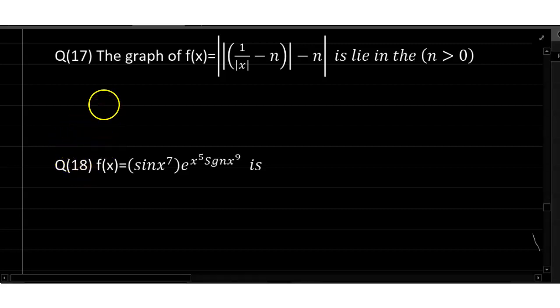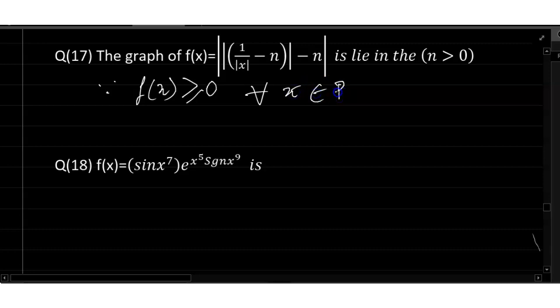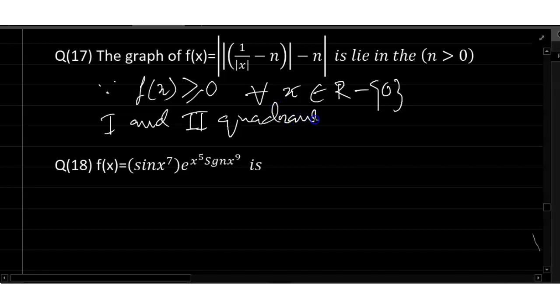So friends, obviously f(x) greater than or equal to 0 for all x belongs to R minus 0, and therefore we get it lies in the first and second quadrant.